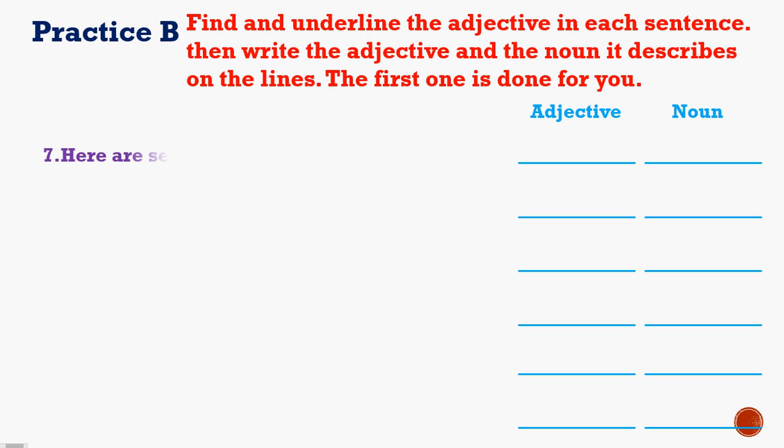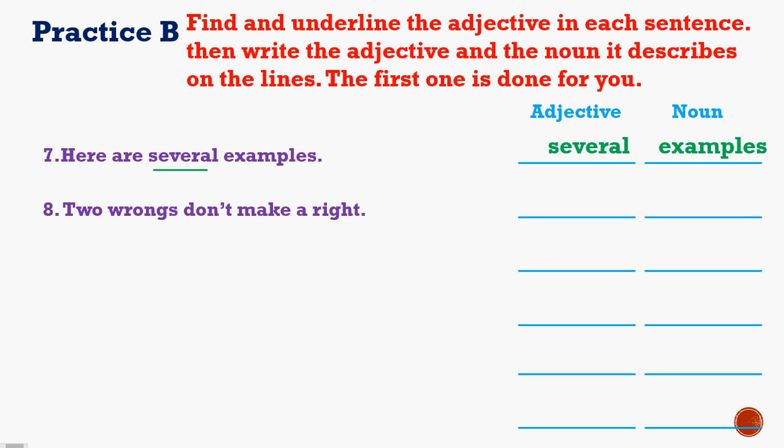Let's continue. Number 7. Here are several examples. The adjective over here it's several. And the noun it's, good job, examples. Number 8. Two wrongs don't make a right. The adjective over here it's two. And the noun it's wrongs.